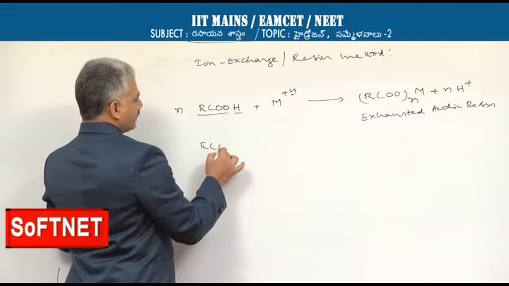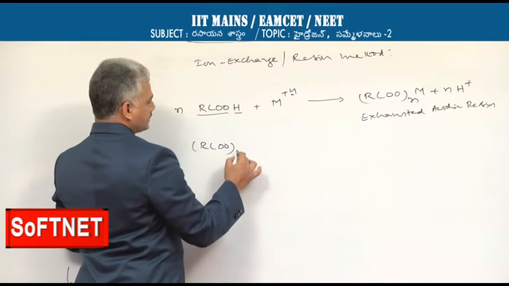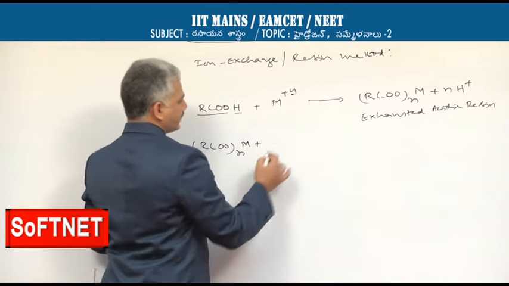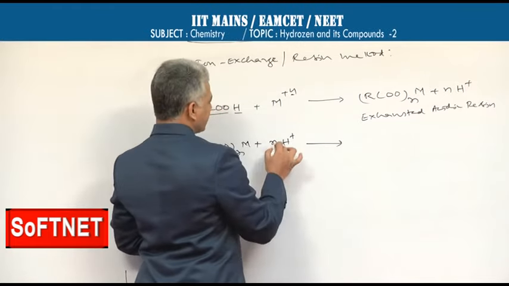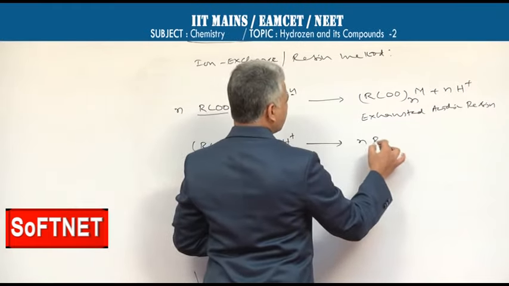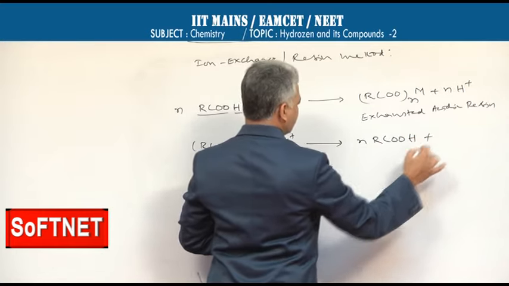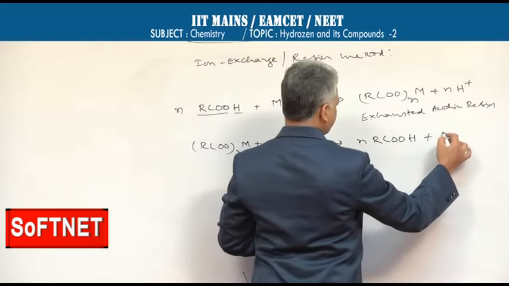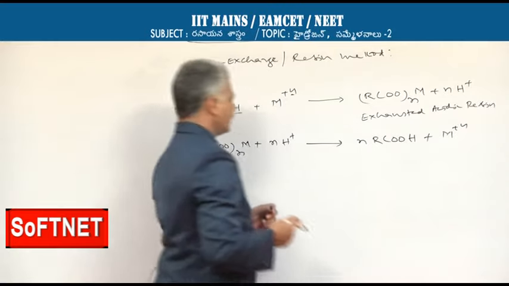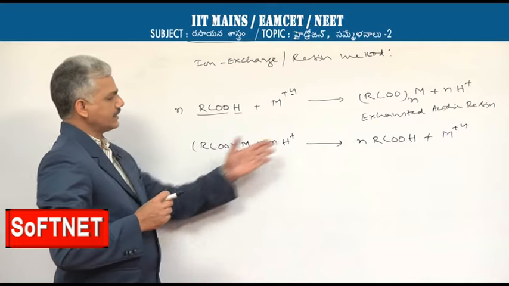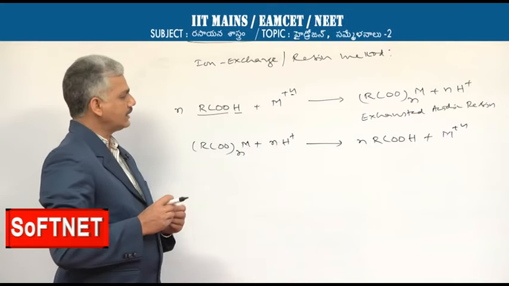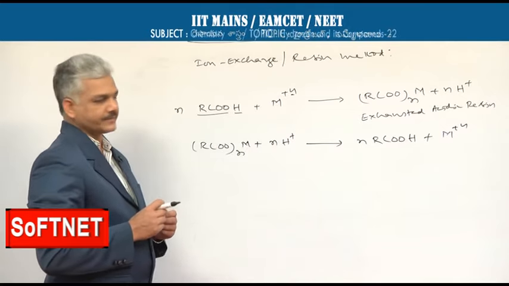When the exhausted resin is treated with dilute sulfuric acid, the H plus ions present in the sulfuric acid will convert the exhausted resin back to acidic resin, and in that process the trapped cations will be released. This is the reaction involved in the regeneration of acidic resin.